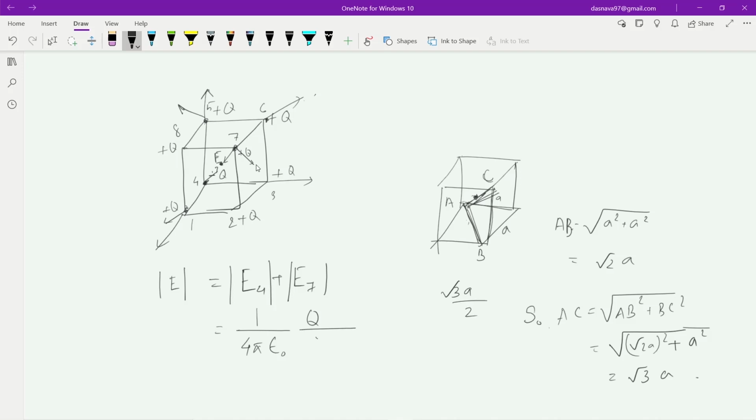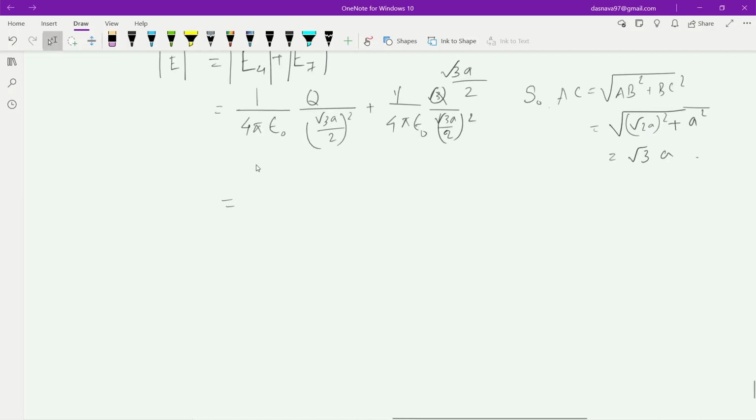So it is q by root 3 a by 2 whole square. Similarly for E7 it will be the same, 1 by 4 pi epsilon naught, q by root 3 a by 2 whole square, right?